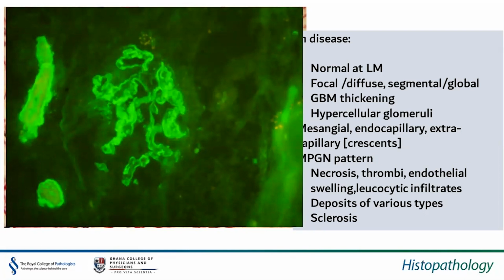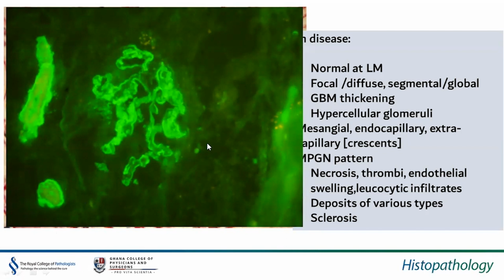And here, please do not forget to use kappa and lambda antibodies as well. Otherwise, you are at the risk of missing diagnosis of monoclonal immunoglobulin derived diseases altogether. These antibodies are fluorescein isothiocyanate tagged antibodies, so they light up the antigens wherever they are present in the glomerulus.